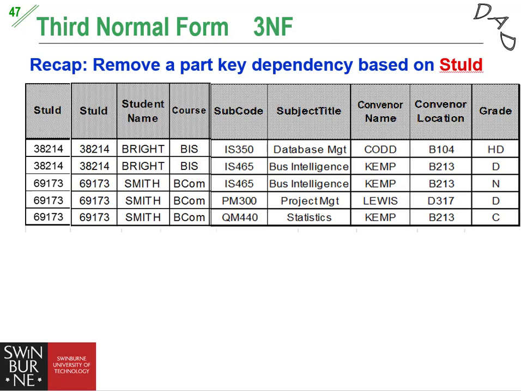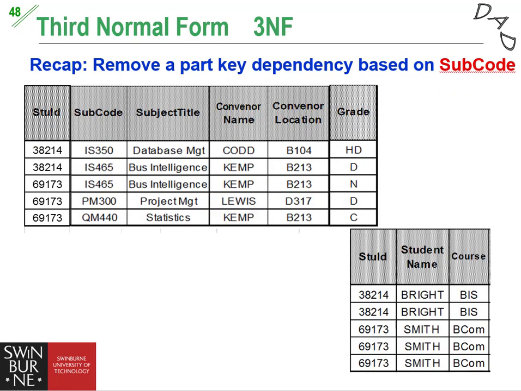Basically, what we have done is we first created a universal relation by eliminating the repeating groups. Then we removed the part key dependencies based on the two parts of the key, subject code and student ID.